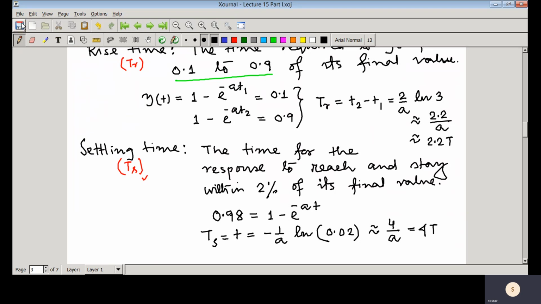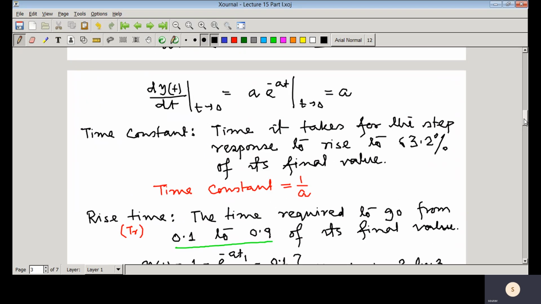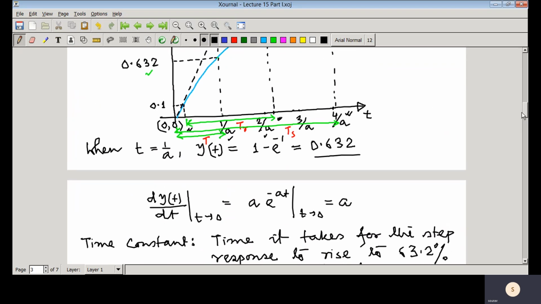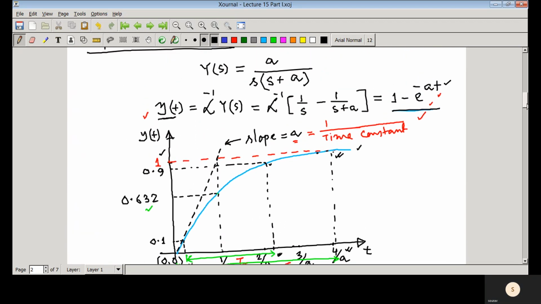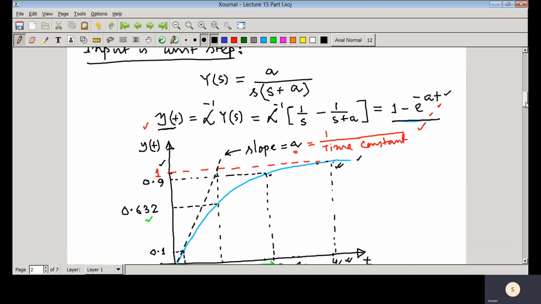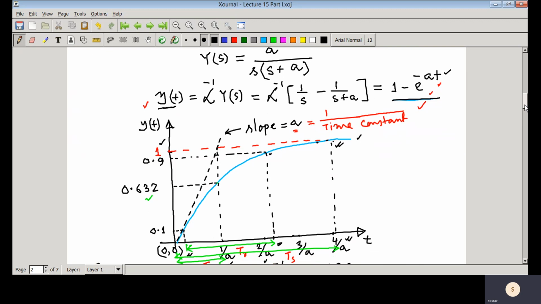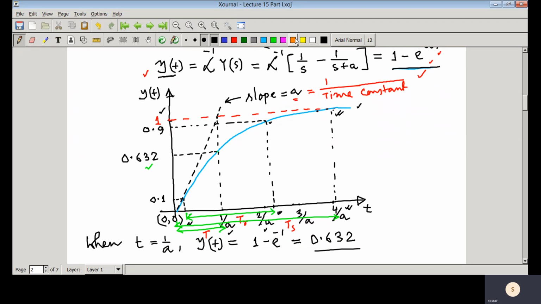So in case of first order time response, we have seen that the time response of the system is characterized in terms of the time constant, and here we have seen the time constant is 1 by a.